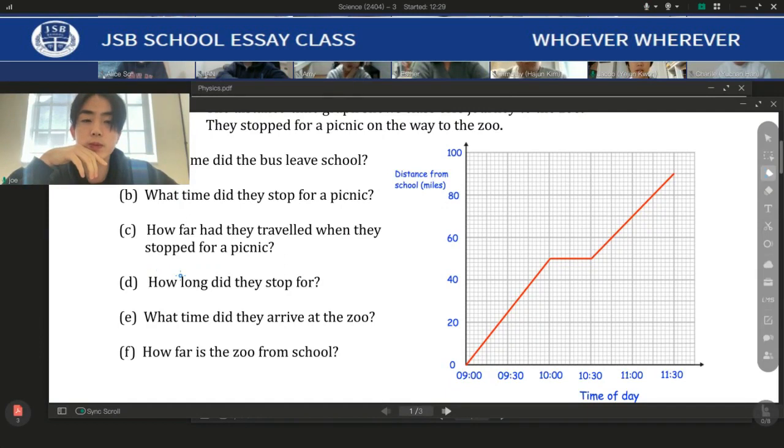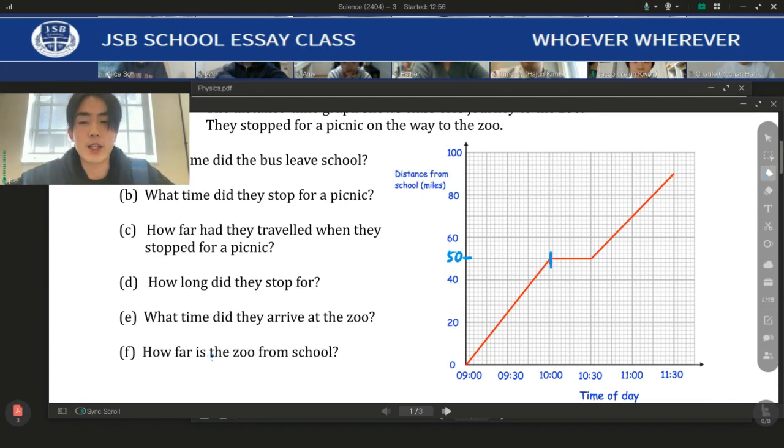I guess it's 50. Good, but how did you know it's 50? Because the straight line is on the 50. Distance from school 50. Exactly, very good. It starts at 50, right? But this is when it stops, doesn't it?